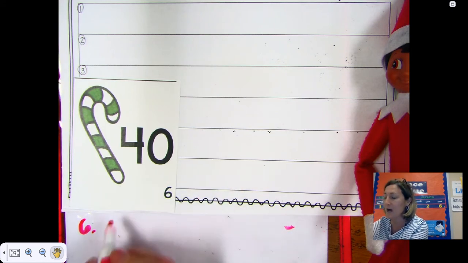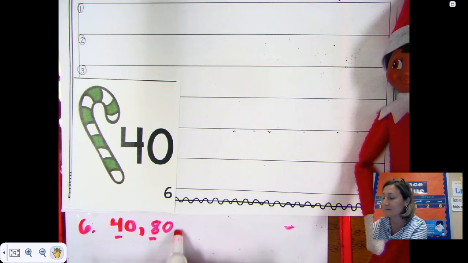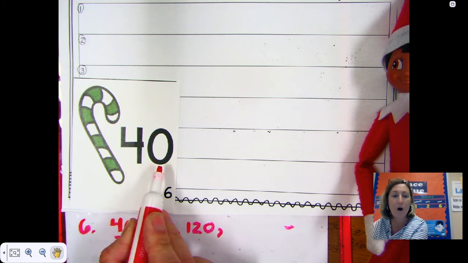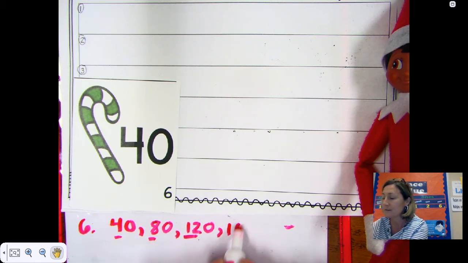Okay, so let's skip count by 40s. 40. What would come next when we count by 4s? 80. 4, 8, 12. We're just going to add a 0 because we just have a 0 on the end when we count by 4. So that might be an easy way to remember. 40, 80, 120. We're counting by 4s. What comes next? 4, 8, 12, 16.